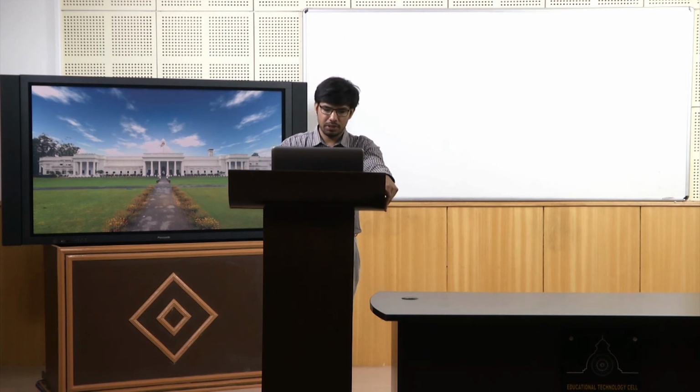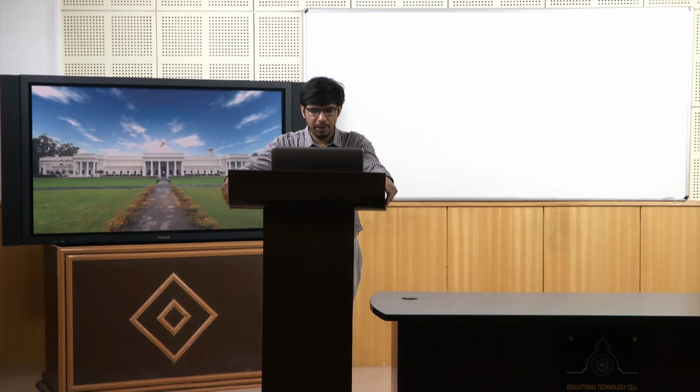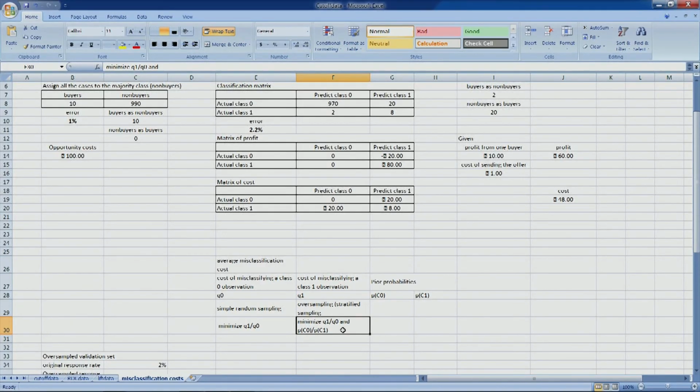In such cases we will have to minimize not just the ratio of Q1 and Q0, but also the ratio of the probability of class 0 membership and the probability of class 1 membership.